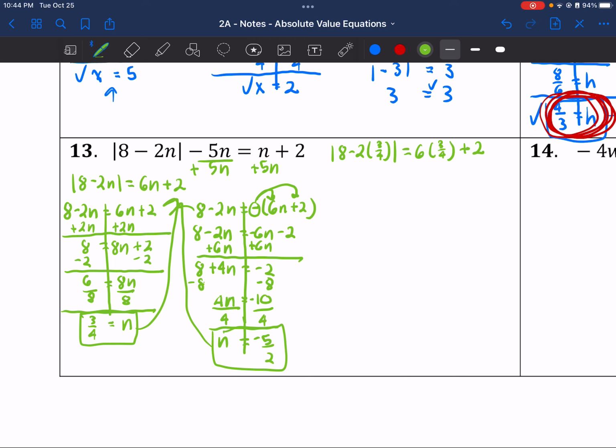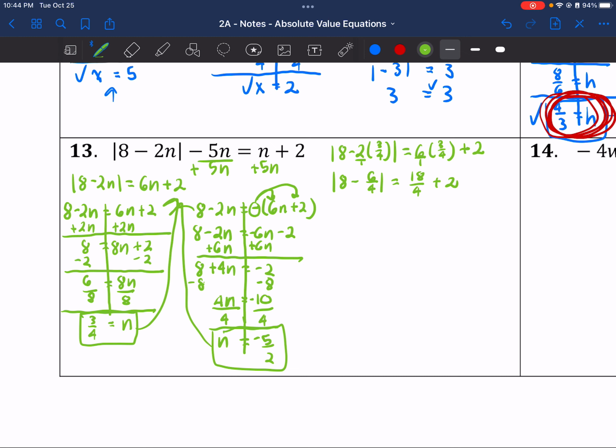We're going to make sure that we make our whole number into a fraction. And we get 8 minus 2 times 3 is 6, 1 times 4 is 4. Is equal to 6, well, make this also into a fraction, 6 times 3 is 18, 1 times 4 is just 4, plus 2.